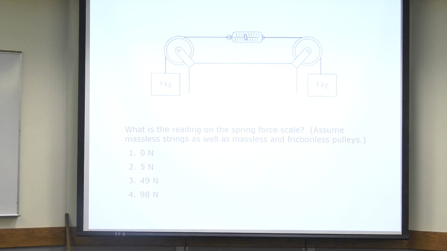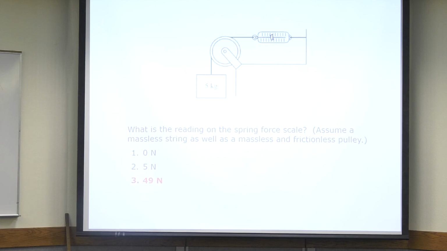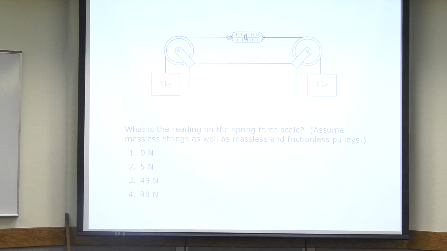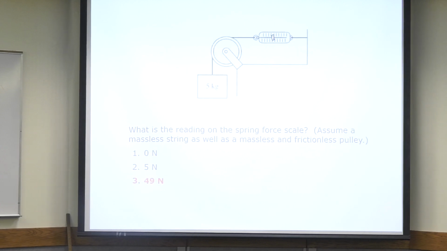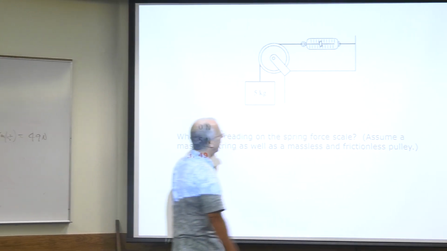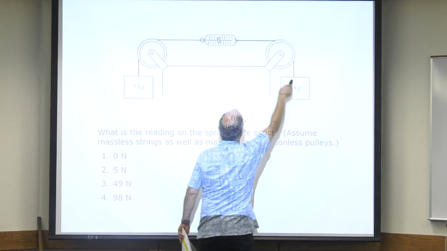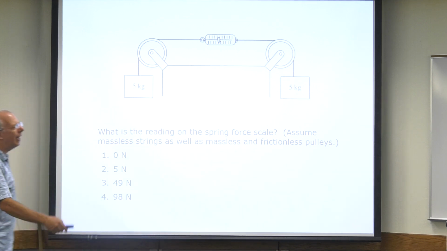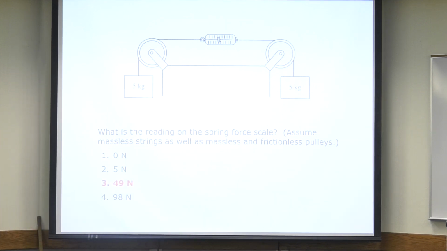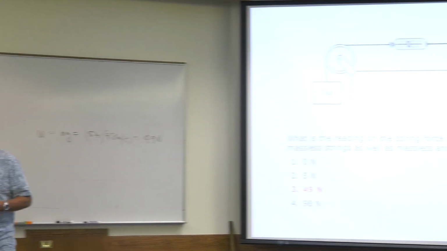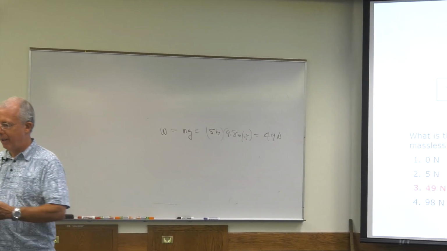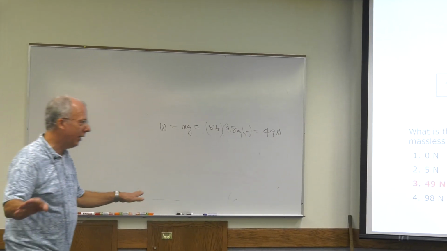Again, compare that with that. Okay, ready? Let's vote. Here, the wall is holding this string. And here, this thing is holding the string. But come on, it's the same thing. So it's 49 newtons.